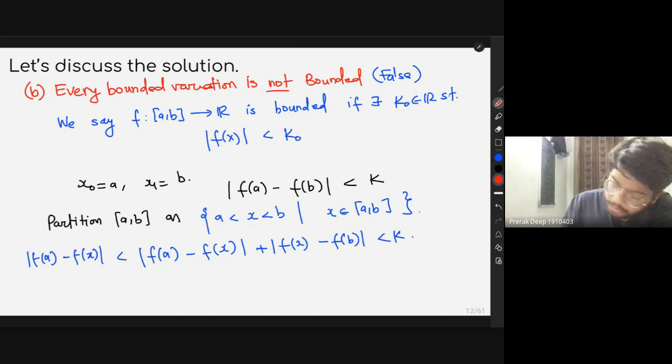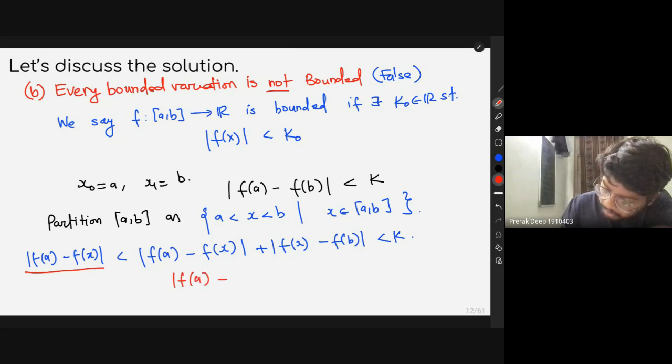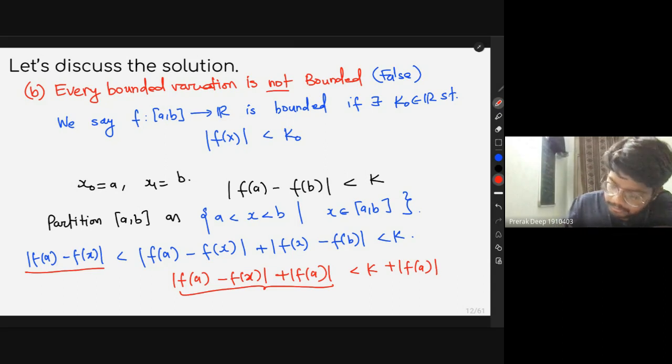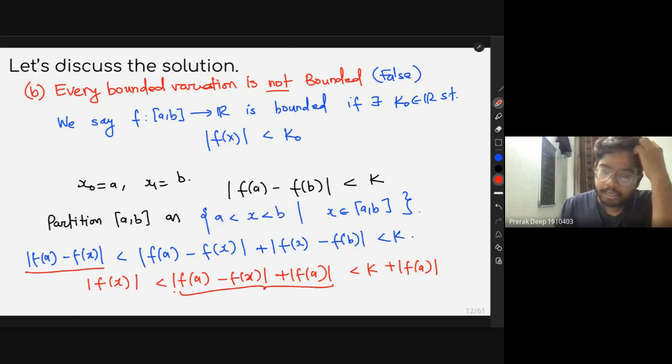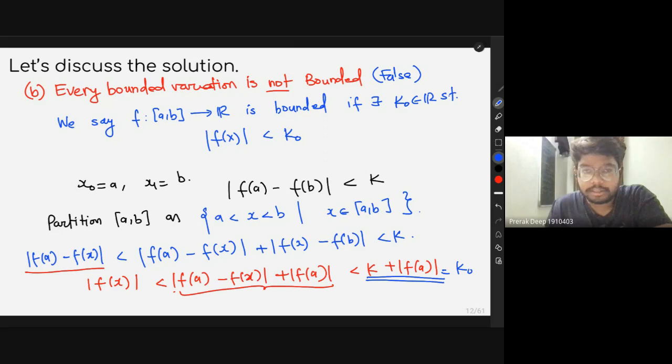Now further, if I think of this quantity f of a minus f of x, and I add f of a to both sides, then the quantity on the left-hand side is, by the triangle inequality, larger than the modulus of f of x. And the quantity on the right-hand side is a constant, so we call this k naught.